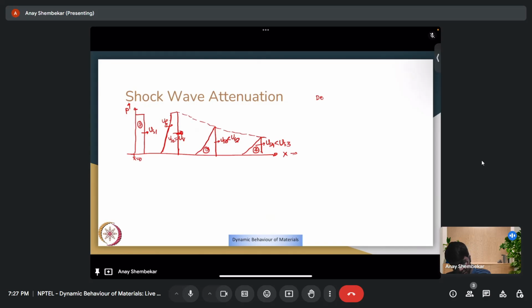So there is a decay of the pressure pulse as it travels through the material.